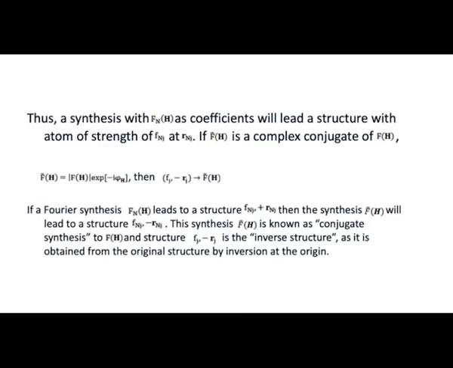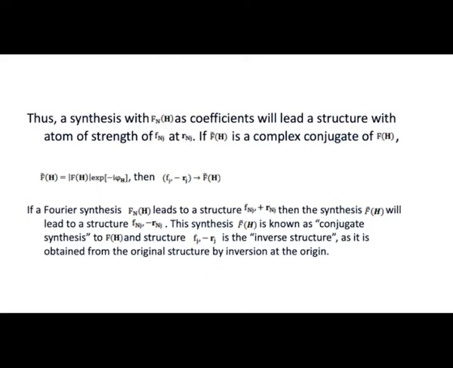If F dagger, so that maybe a symbol above F denotes dagger. Dagger means complex conjugate. If there is a positive exponent in F of h, F dagger h will have a negative exponent. That's all. If F dagger h, or the complex conjugate of F of h, is defined, then we define this complex conjugate of F of h, namely F dagger h, as mod F h e power minus i phi h.